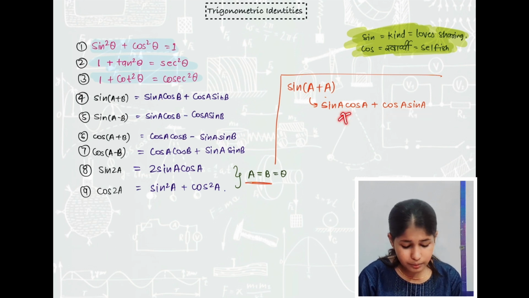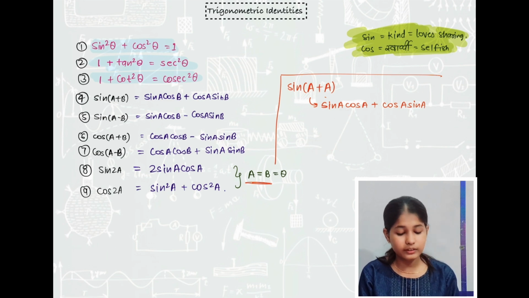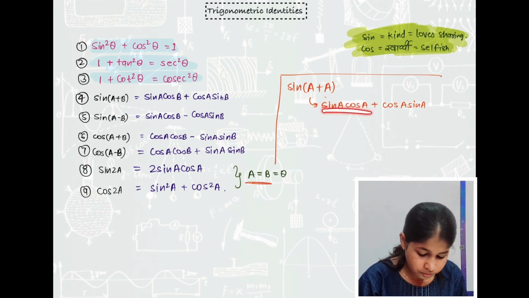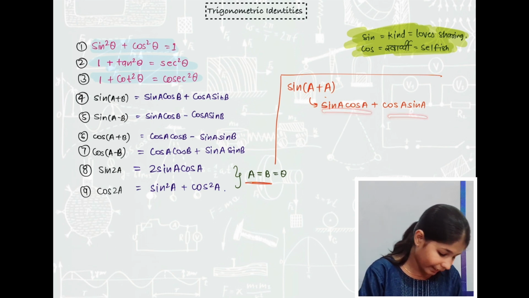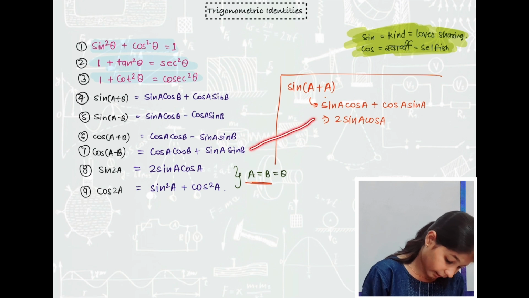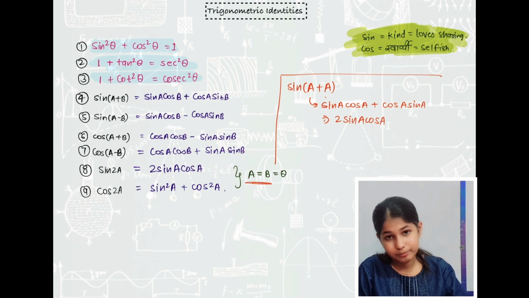And because there is multiplication, sine a into cos a, it is simply commutative. So we can change the order to sine a cos a. So can I write like this, that it will become 2 sine a cos a? And simply if you see, the value is the same.